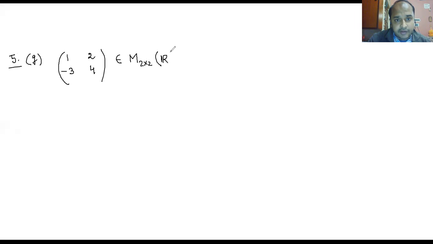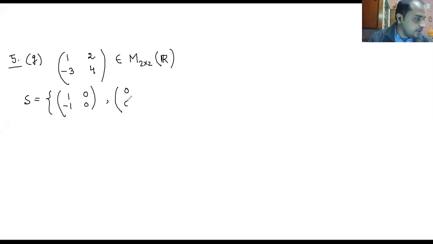Try to identify these notations, as these things have already been discussed. And the spanning set, the set capital S, has been chosen as 1, -1, 0, 0, and 0, 0, 1, 1, and 1, 1, 0, 0.